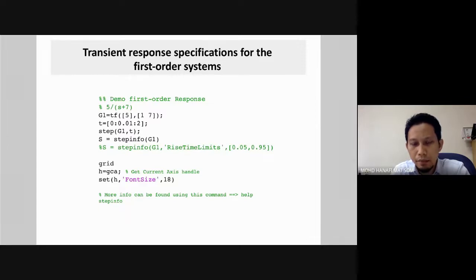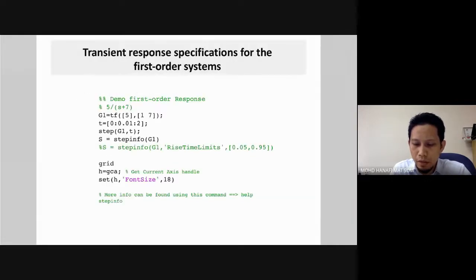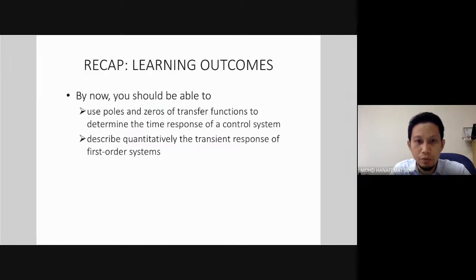The lab is to enhance your understanding of the first order system and the second order system of the time response analysis. So try to do it and try to understand it. And if you have any trouble, please always refer to me for clarification on any issues.